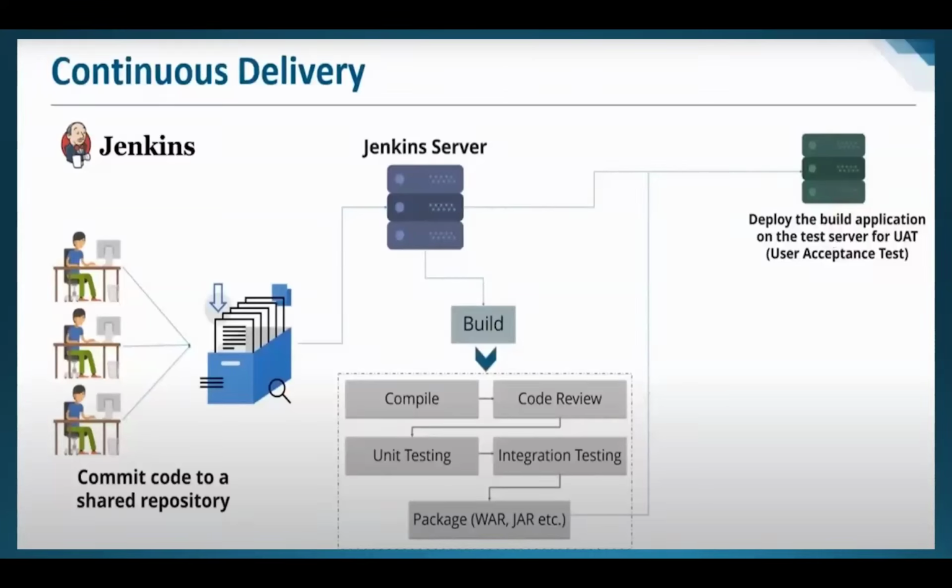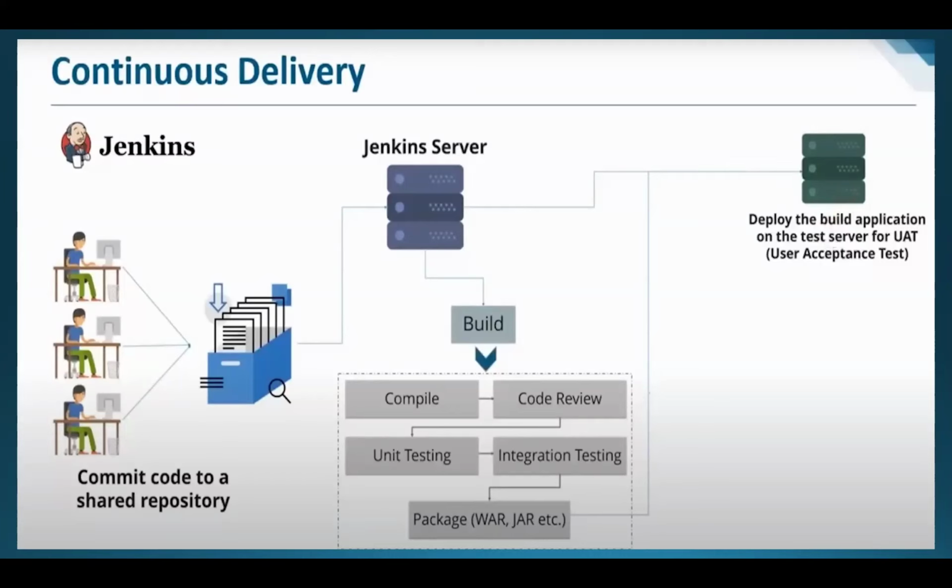The Jenkins server helps us build the source code to create a jar file, war file, executable file, or zip file, and they will do testing, integration testing and everything. Correct. Yeah.